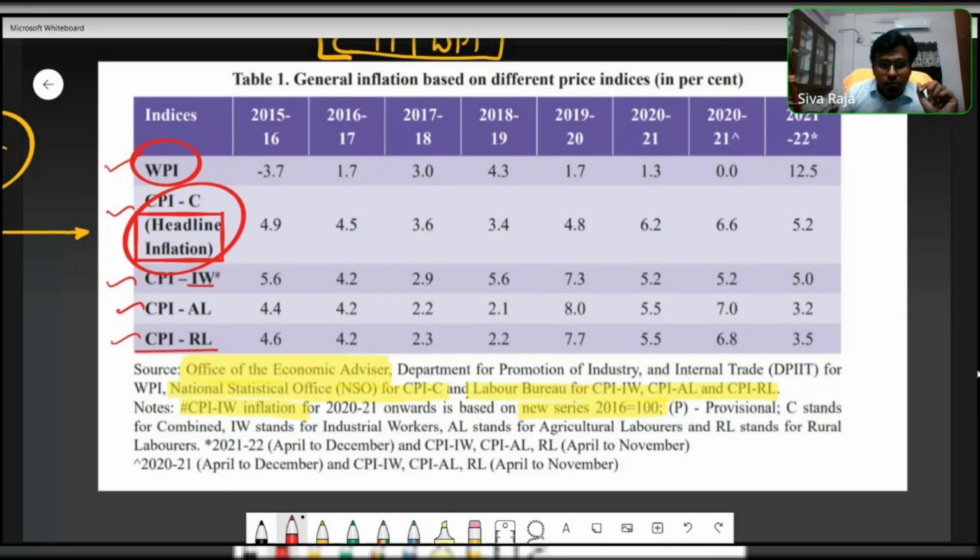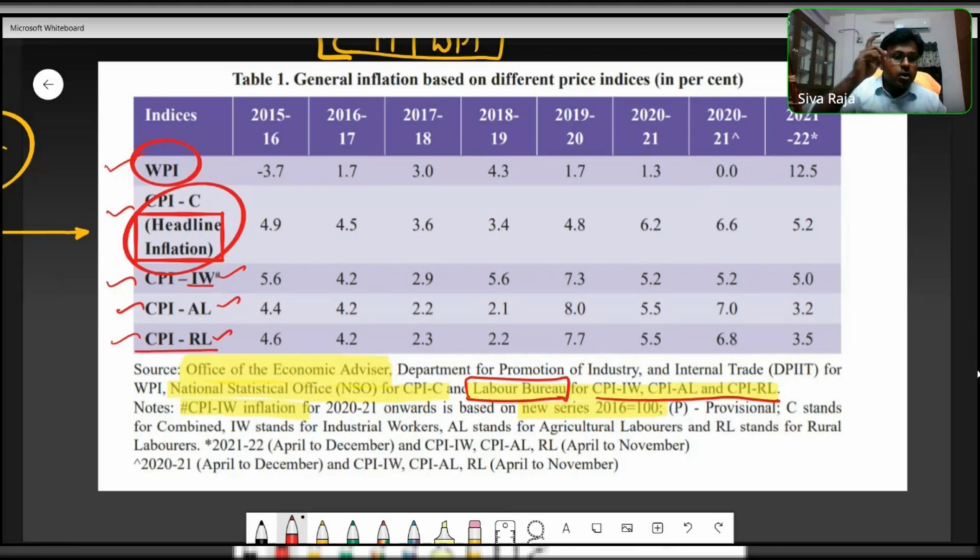If you think about it, the Labor Bureau, look at this. For the industrial worker, agricultural labor and rural laborers, these three, the Labor Bureau is releasing all of them.